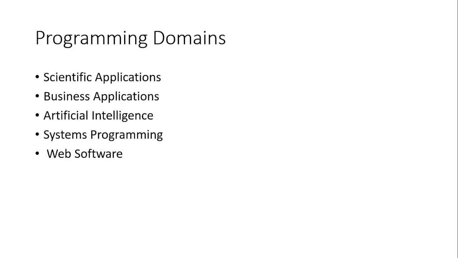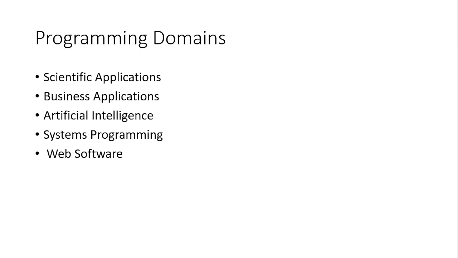Hello all. Today we will discuss programming domains, that is, different applications of programming languages. We know computers have been applied to very different areas, for example, from controlling nuclear power plants to providing video games on our mobile phones.